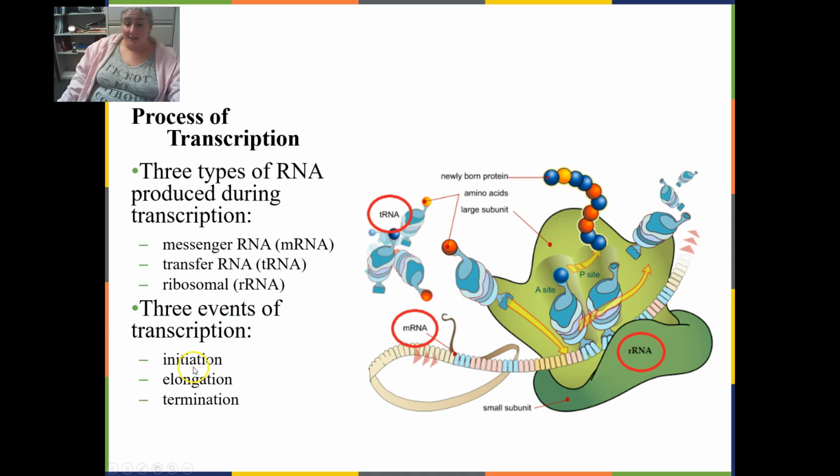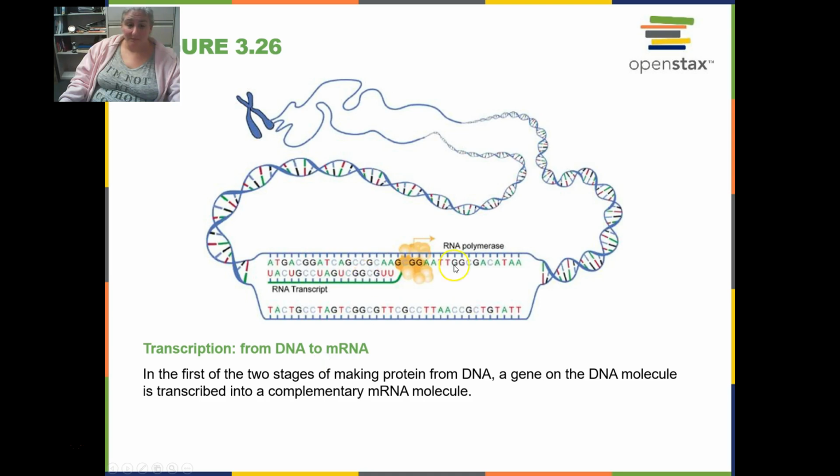Transcription has 3 events, just like your replication. You have initiation, elongation, and termination. So here you see the DNA molecule open up at a region where there's some type of protein being coded for.